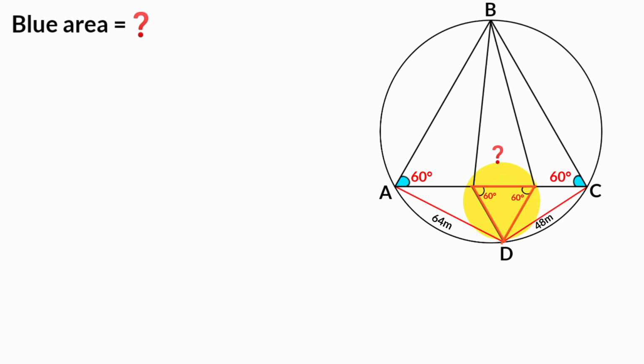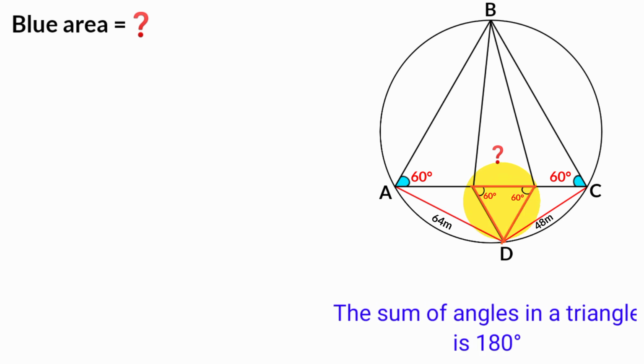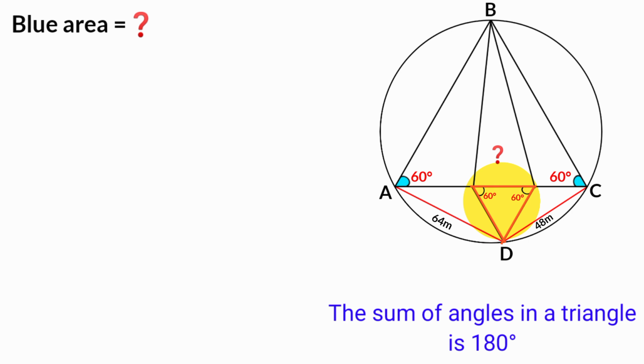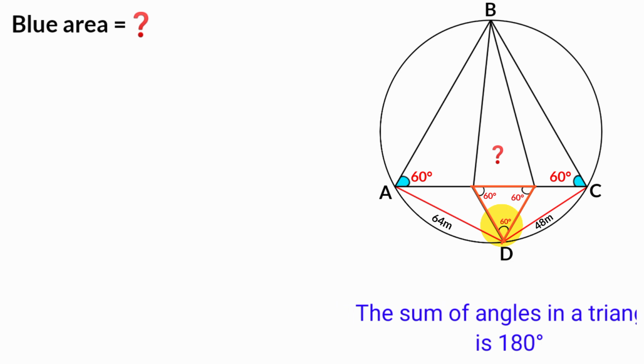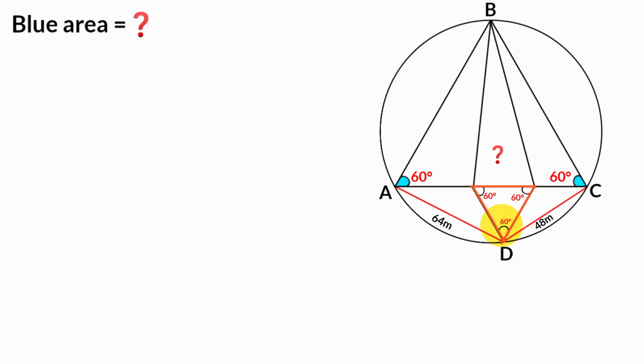Now from this triangle here, based on the rule that the summation of angles in a triangle is 180 degrees, since this is 60 degrees and this is 60 degrees, this must be 180 degrees minus 60 degrees minus 60 degrees. 180 degrees minus 60 degrees minus 60 degrees is 60 degrees. Now you can see that all the angles of the triangle are congruent.